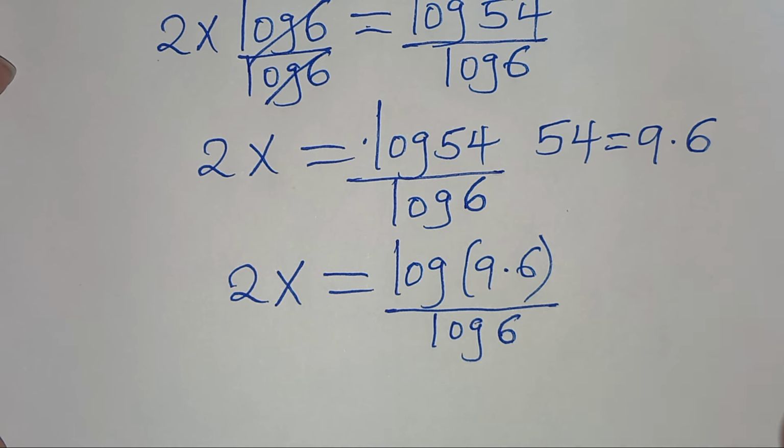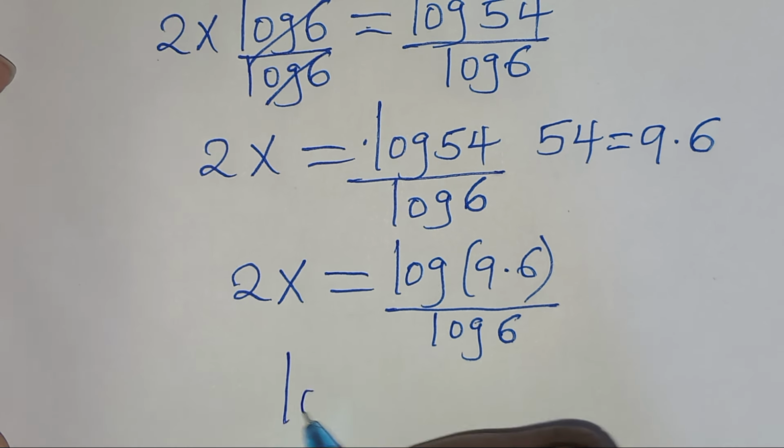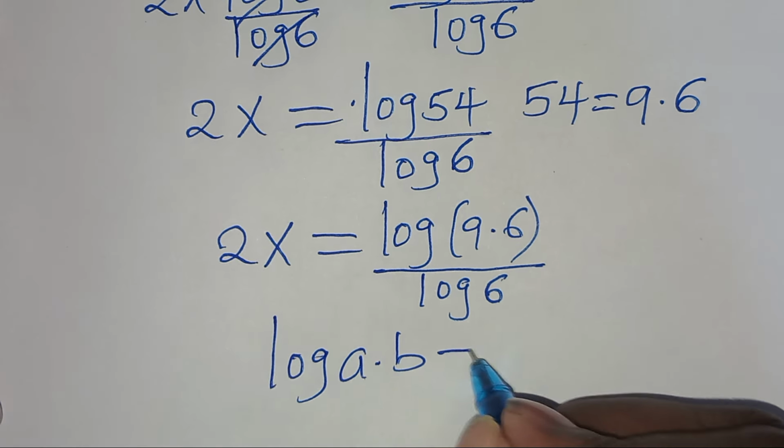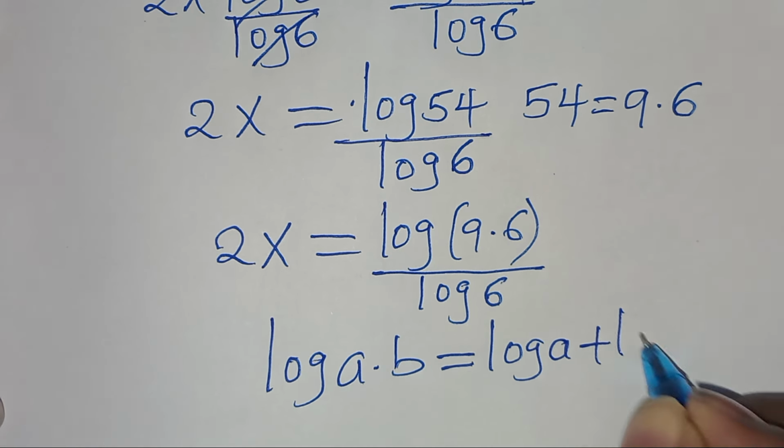The next step from here is that log 9 times 6 is in the form of log a times b, which essentially we can express as log a plus log b.